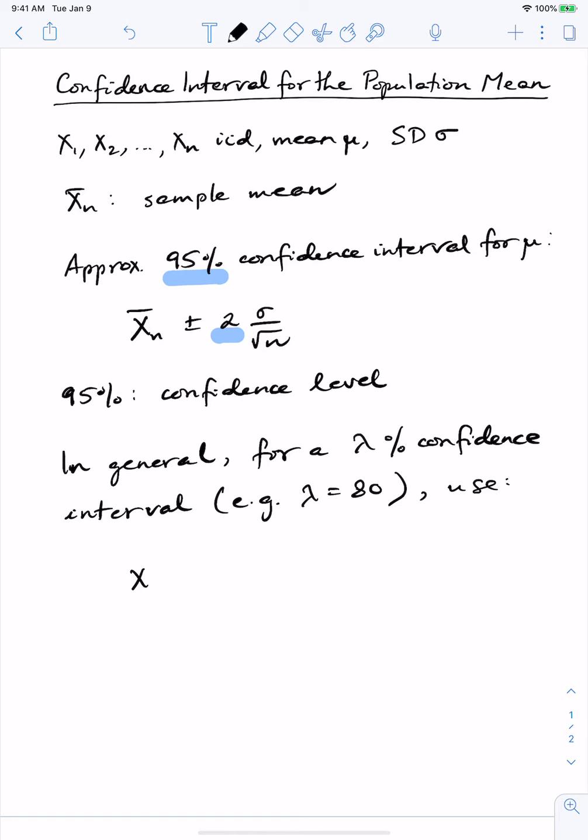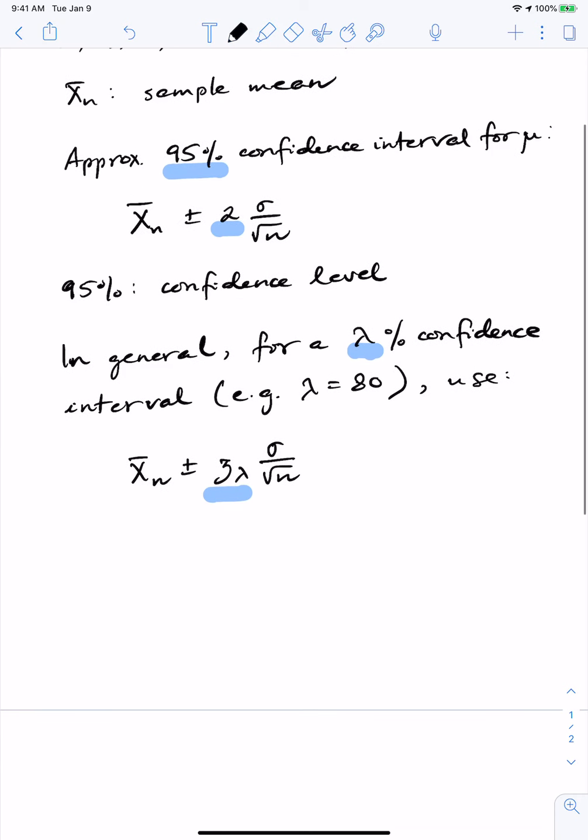Exactly the same thing. You're going to start at your sample mean, that's your center, and you're going to give yourself some wiggle room, and the wiggle room is going to be some number of multiples, which will depend on your confidence level. I'm going to call it z lambda of sigma over root n, right? And that's the thing that we have to find. So this lambda will affect the z lambda. So how do we find it?